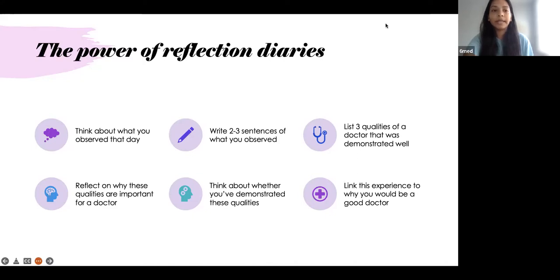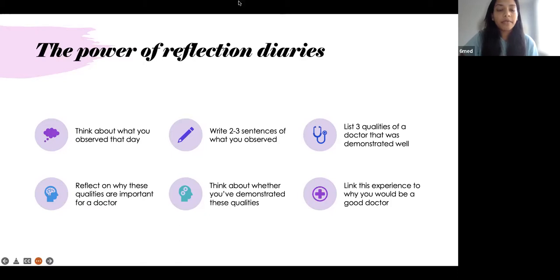Just write a few bullet points, then when you come to write the personal statement, it will be a lot easier for you to remember those specific examples. So there are one or two really good examples that you can use in your personal statement to reflect.